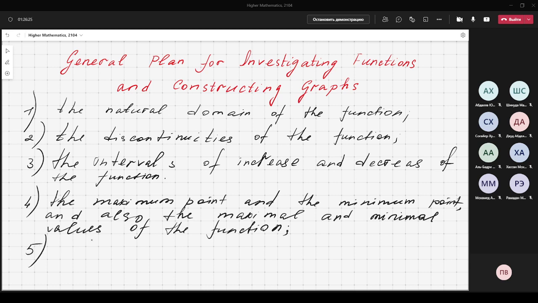The fifth, the regions of convexity and concavity of the graph and points of inflection.